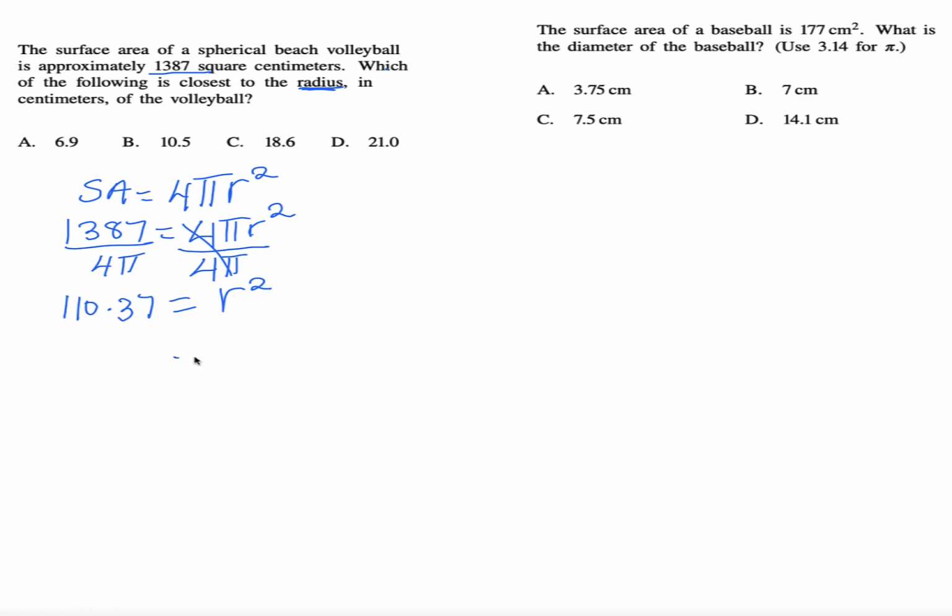Remember when we were doing the squares and the square roots, the opposite of square is square root. So we're going to have to take the square root of both sides. The square root cancels the square, which leaves you with r.